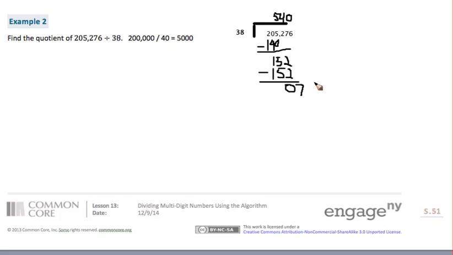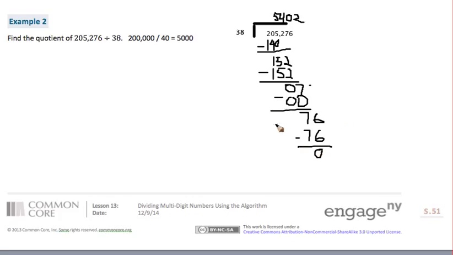And then bring down the next digit, which is a 6. Perhaps we should multiply by 0 just to see that we still have that 7. And we bring down the 6. Now, 38 goes into 76 2 times, which is actually 76, and a remainder of 0.